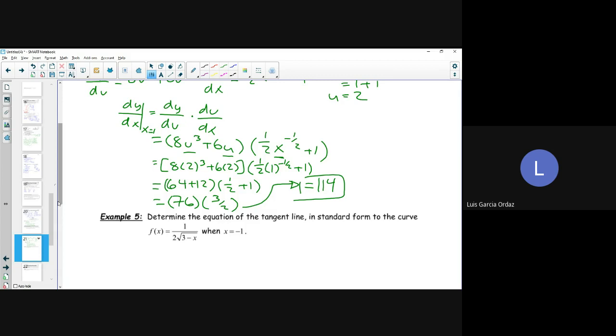So how do you guys feel about this example? Does everyone feel good with this example or a bit uneasy?